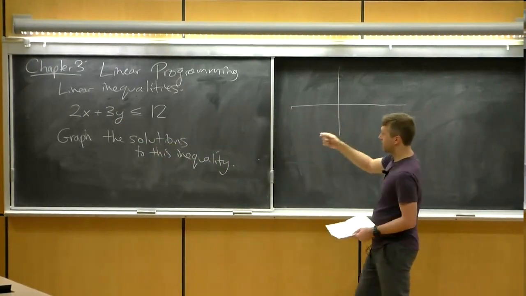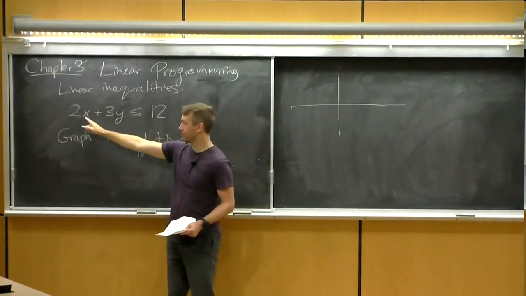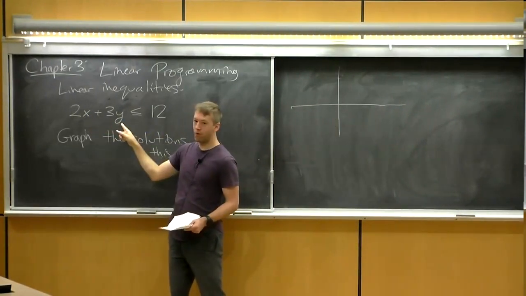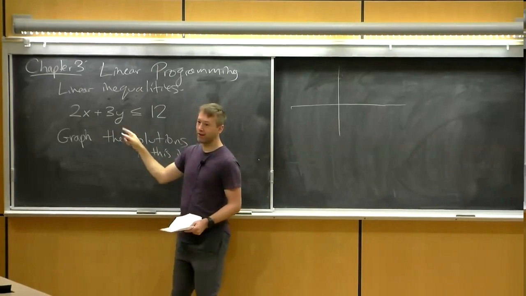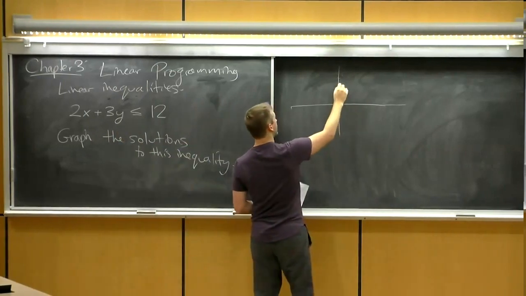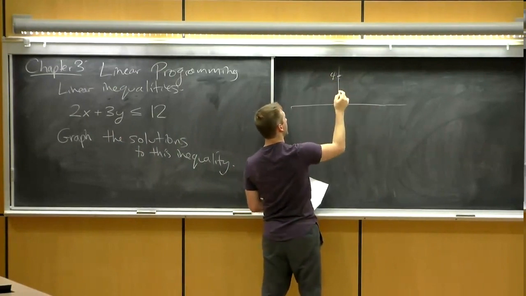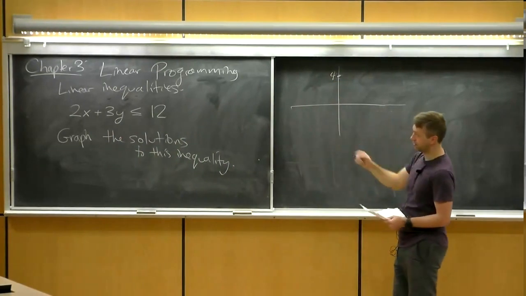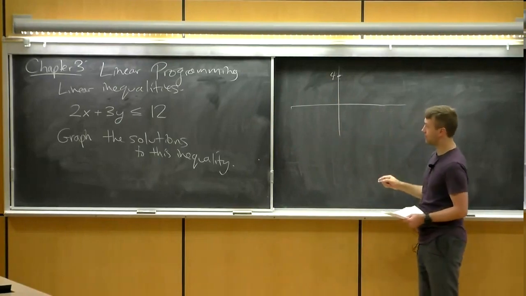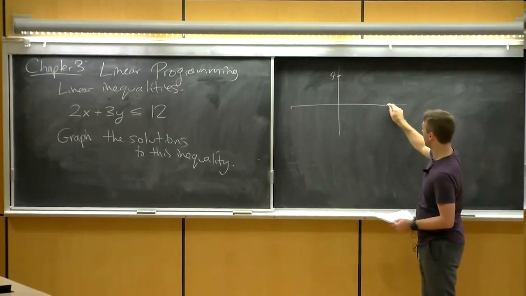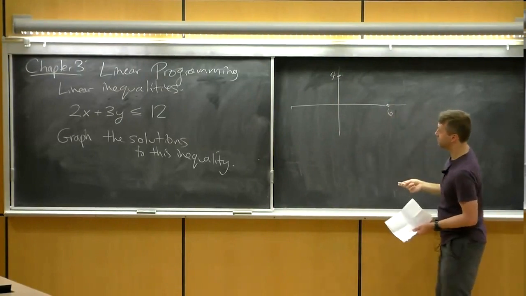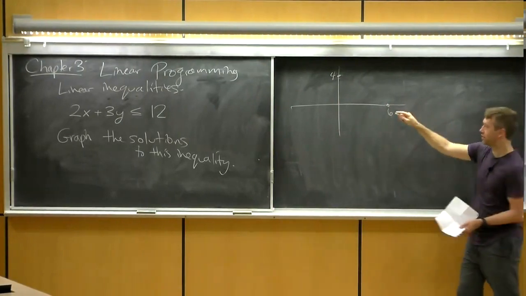If I set x equals 0, then I get y is equal to 4, right? So when x is 0, y is 4. And when y is 0, x is 6. So to graph this line, I can just take these two values and run a line through them.